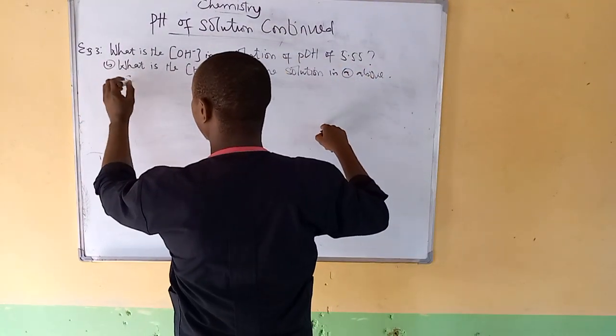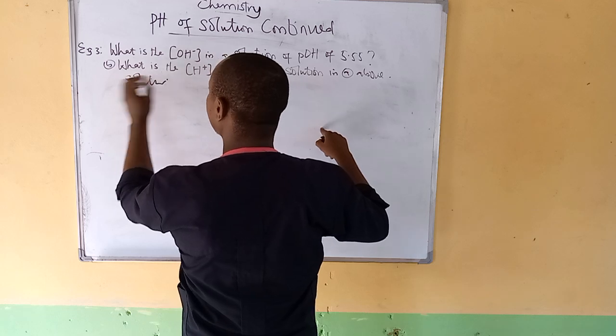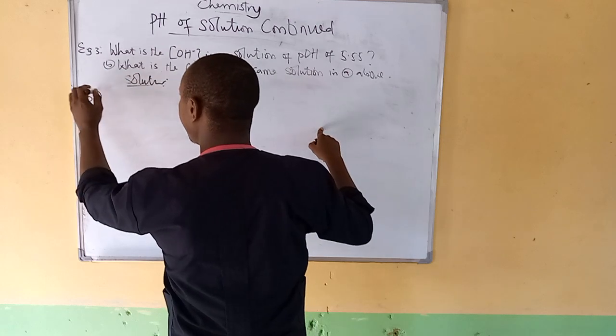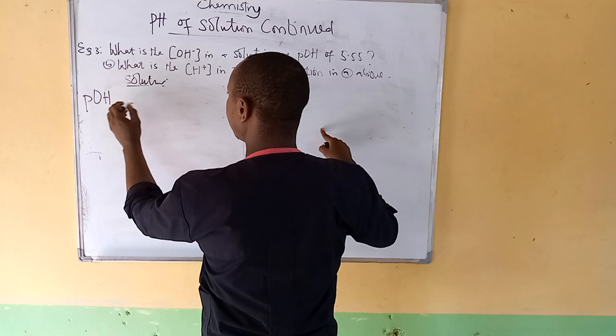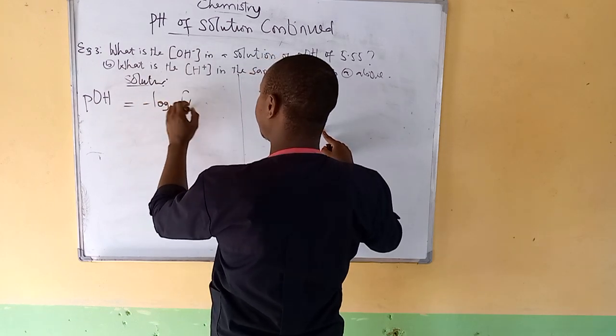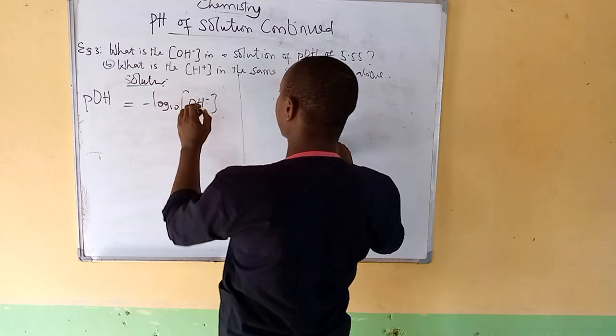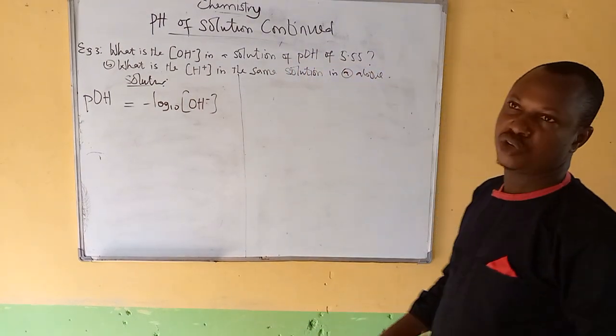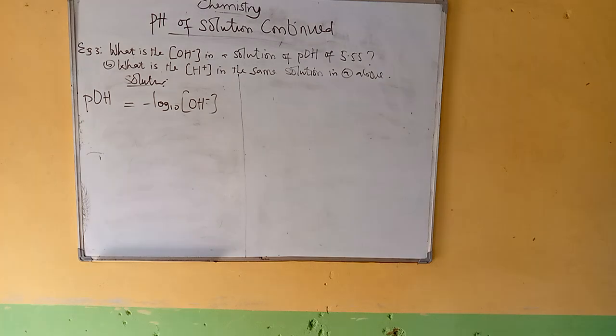So what we are going to do now is, pOH, this time around not pH, equals negative logarithm to base 10 of the hydroxide ion concentration. Just substitute OH for hydrogen ion. So that will give you what you need.